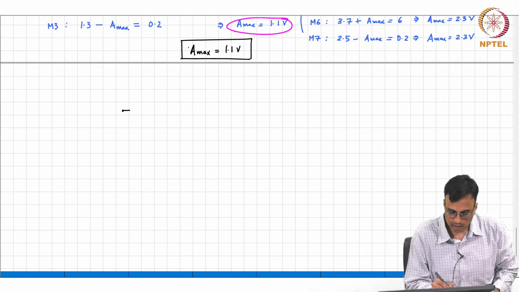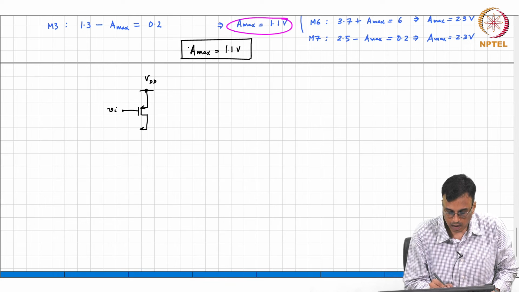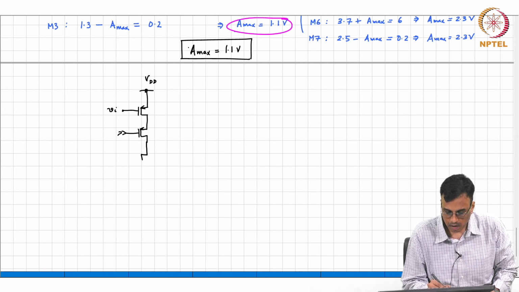Let's take a look at the stage again. This is VDD, this is appropriately biased. All these are bias voltages appropriately chosen, right? That's what this means.